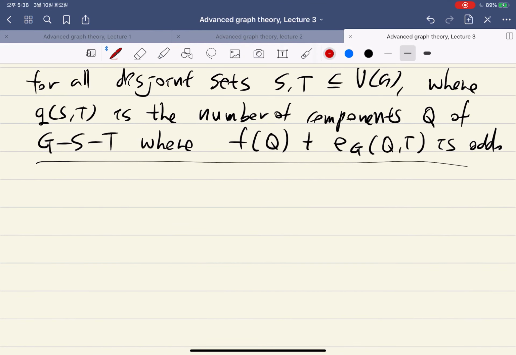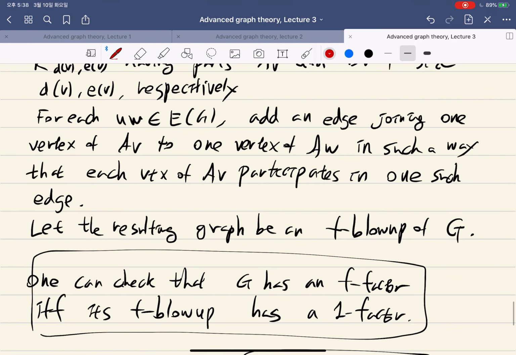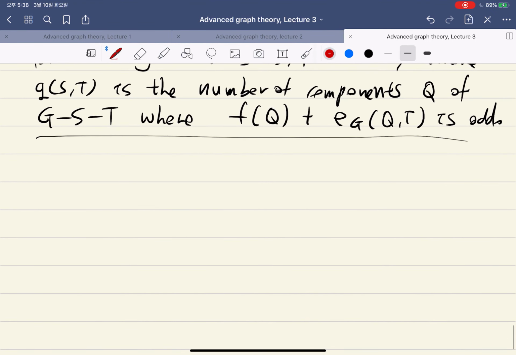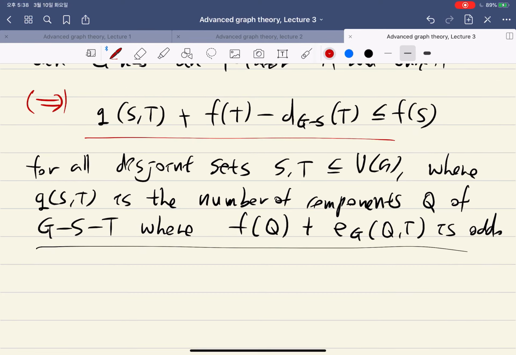So today we learned several applications of flow theory to graph theory theorems, for example the Menger theorem, the matching theorems in bipartite graphs, and the f factor theorem in bipartite graphs. Then we defined this f factor, which is a spanning subgraph with specified degrees, and which is also a generalization of perfect matching.